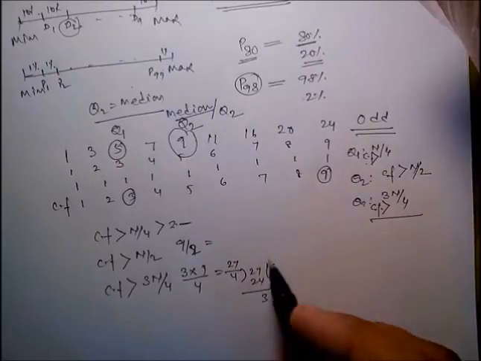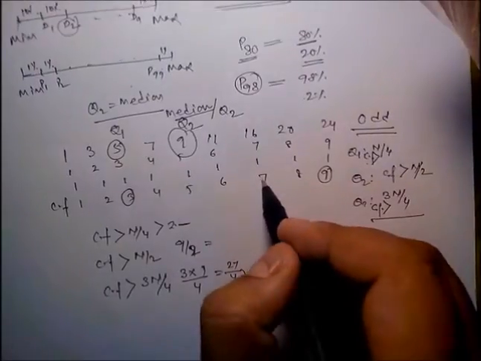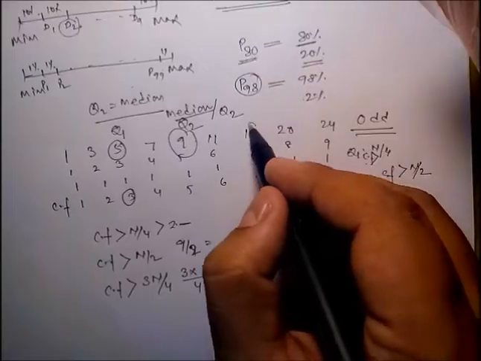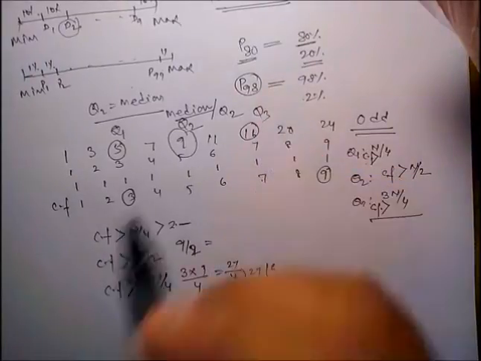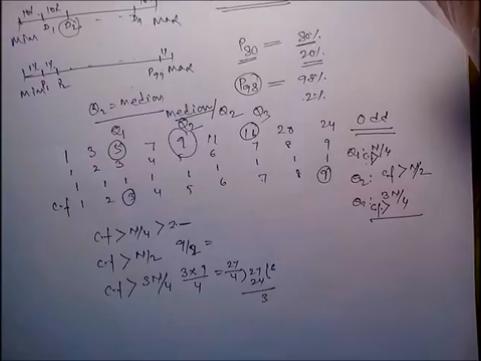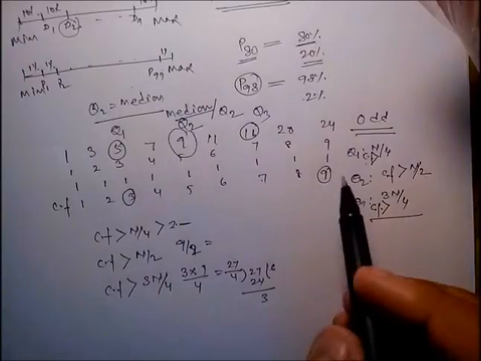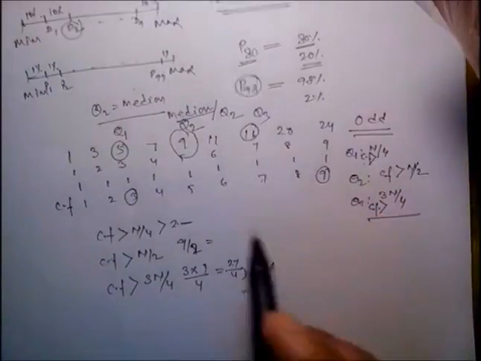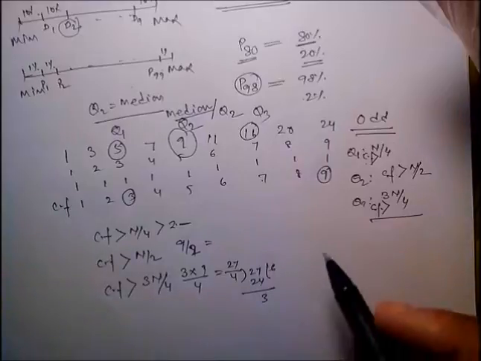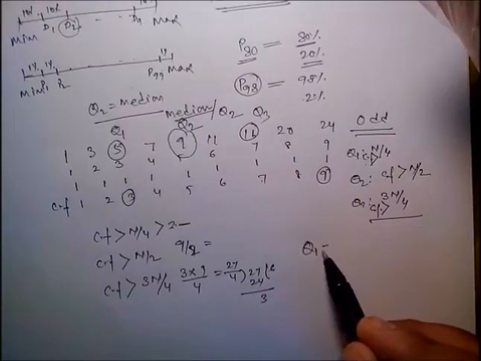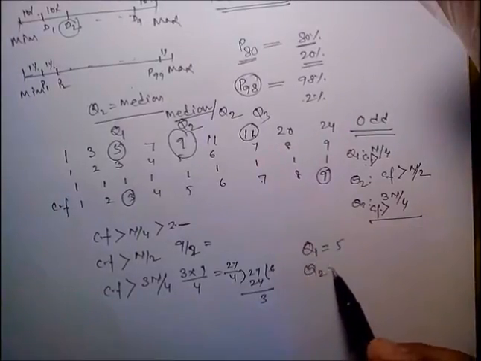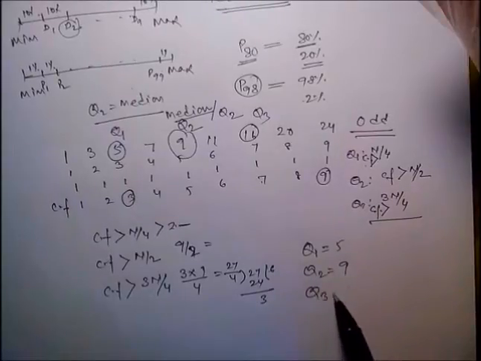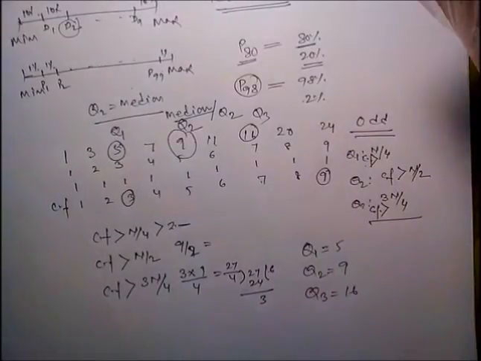The cumulative frequency just more than 6 point something is 7, so Q3 is nothing but our 16. So if the number of data is odd, in this way you can calculate the quartile values. Q1 is 5, Q2 is 9, Q3 is 16.